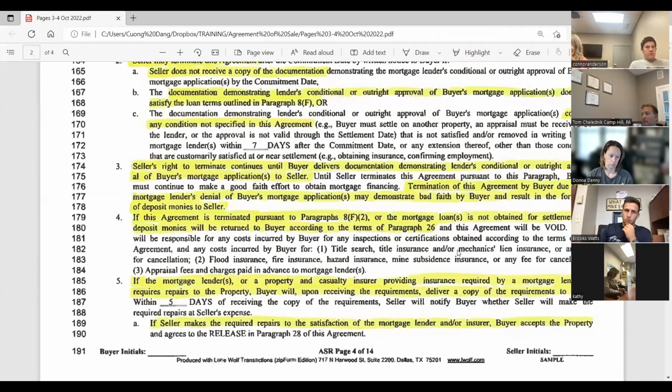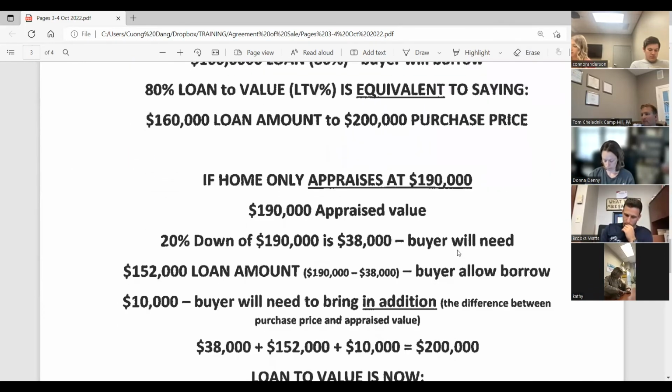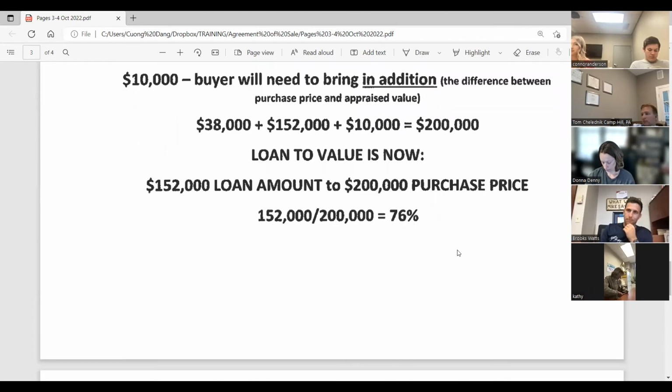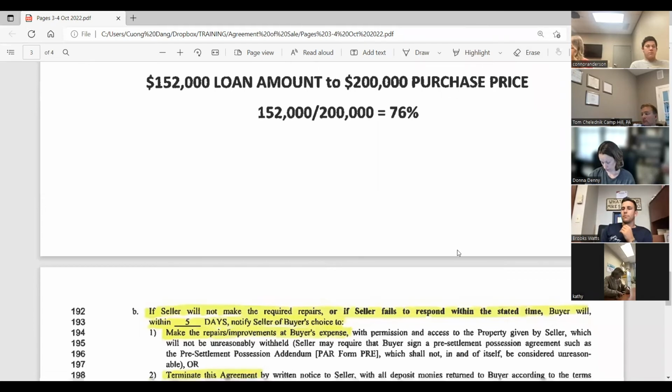If seller makes the required repairs to the satisfaction of the mortgage lender and or insurer, buyer accepts the property. Okay, doesn't say makes the repair satisfaction of the buyer. So that's a very important note there, because people are always like, well, who's going to approve that work? It's the appraiser that has to come back, or the insurance company.